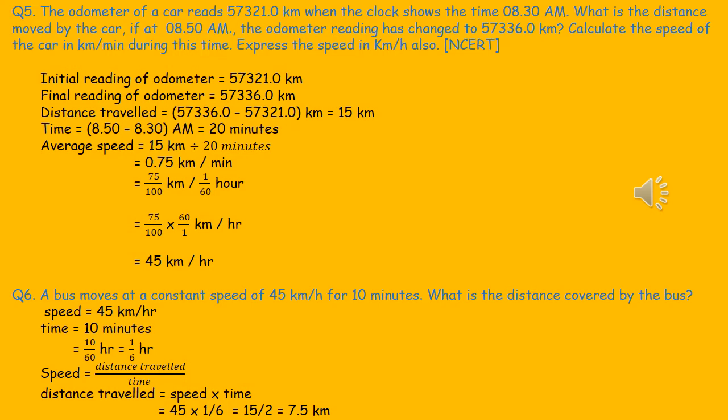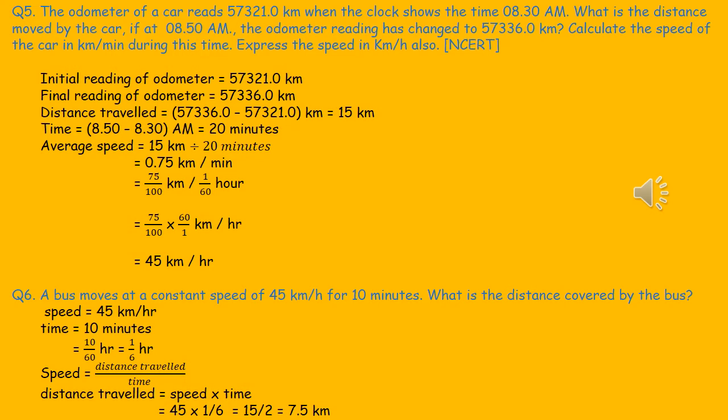Initially, we have to find out the speed in kilometer per minute, so no conversion of unit is needed. Speed is equal to distance travelled by time. So 15 kilometer divided by 20 minutes, that is 0.75 kilometer per minute or 3/4 kilometer per minute.